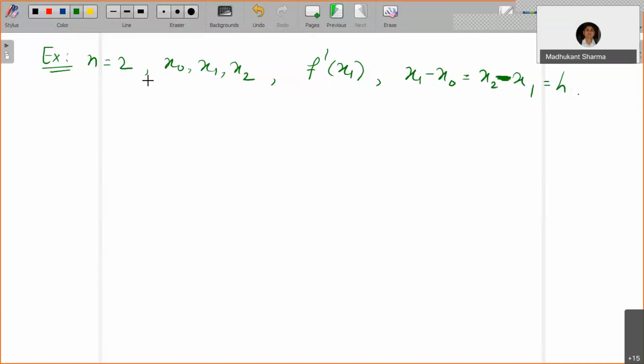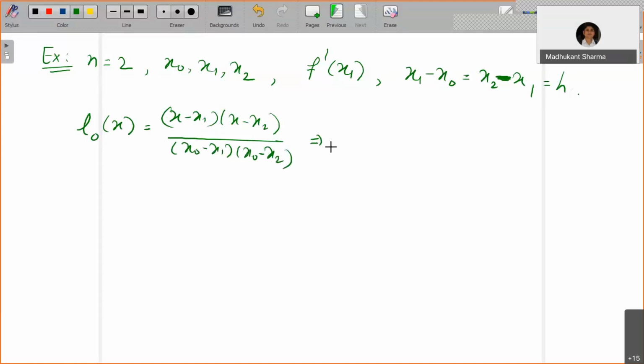If you recall, L0 of x is x minus x1 into x minus x2 divided by x0 minus x1 into x0 minus x2.